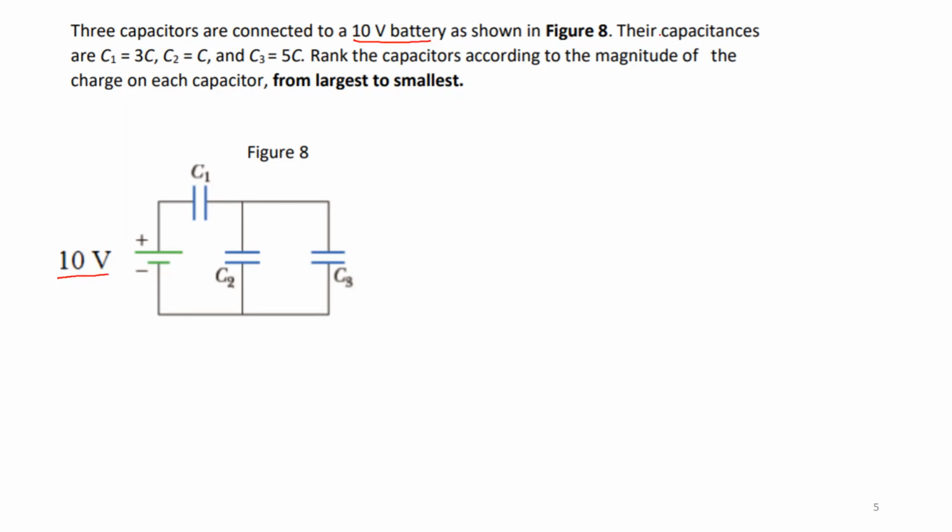The capacitances are: C1 is equal to 3C, C2 is equal to C, and C3 is equal to 5C. The question is very simple. Rank the capacitors according to the magnitude of the charge on each capacitor, from largest to smallest.